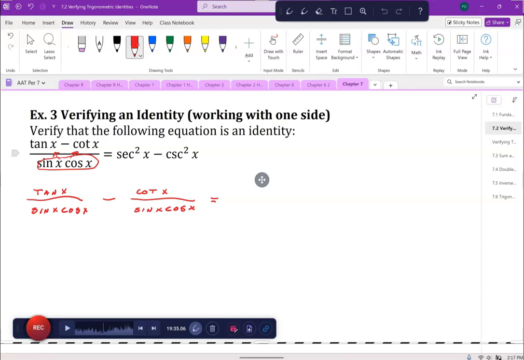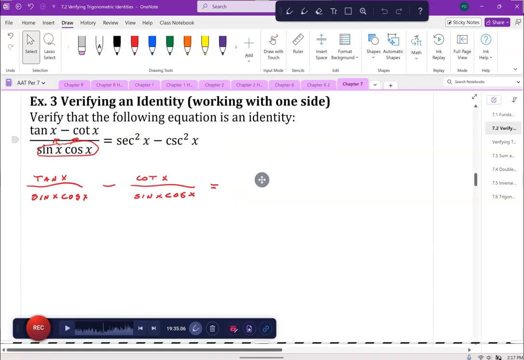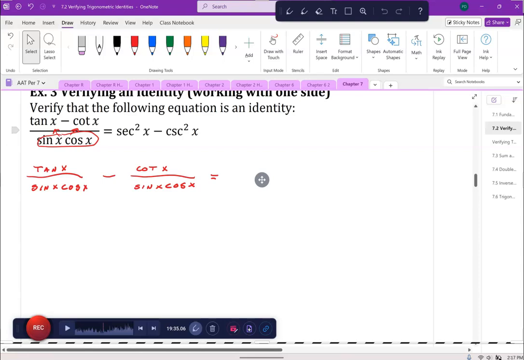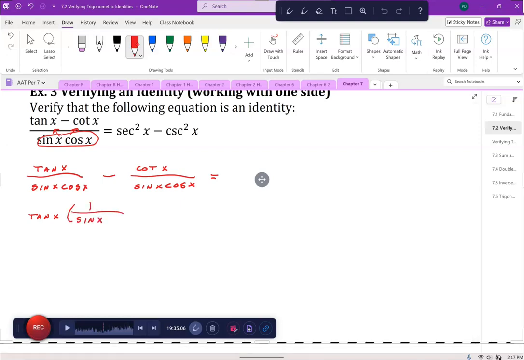Otherwise, I'm going to try to factor the thing on the right, and I don't really want to factor that. So I come over here and I say, okay, well, if I'm really doing this, this is really like tangent x times 1 over this, right? This is just another way to write this. And same over here, this is cotangent x times 1 over sine x cosine x.